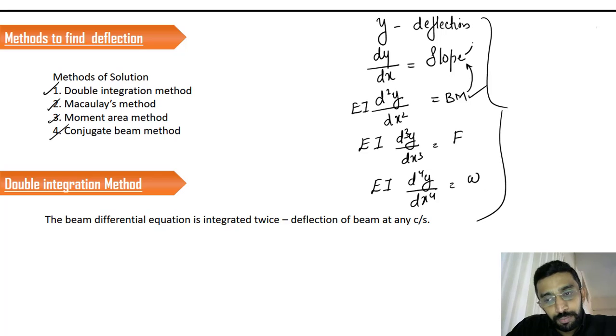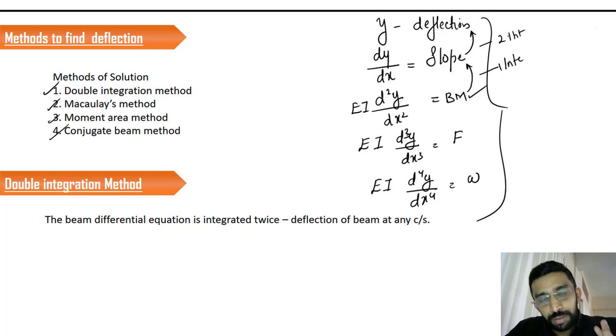Again, if you integrate once more, that is going to fetch you the value of deflection. And that's what is done in the double integration method. Here we are going to do one integration, and here the second integration, first integration and second integration. That's what we are going to do here. So the method is called the double integration method.